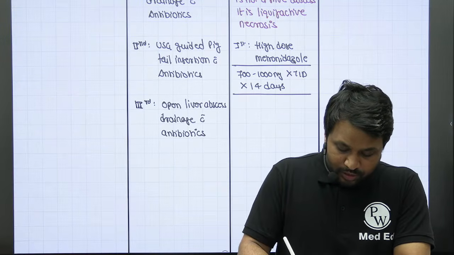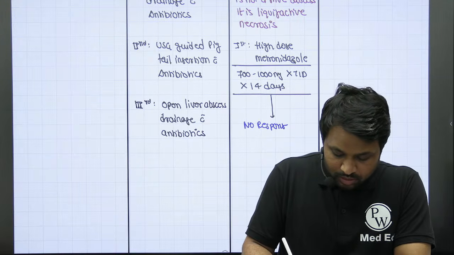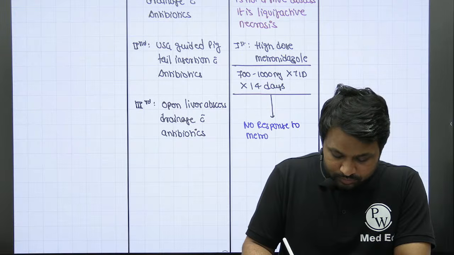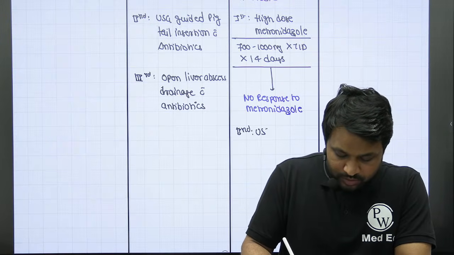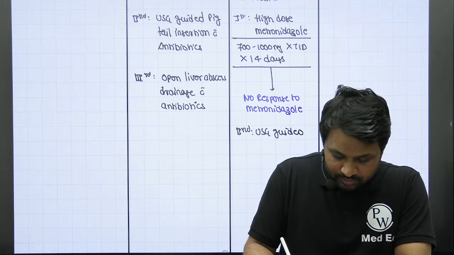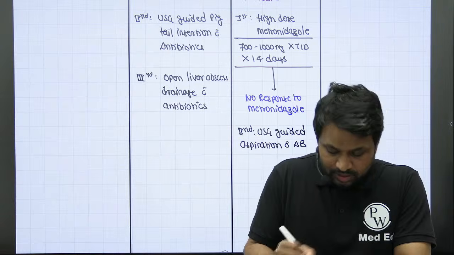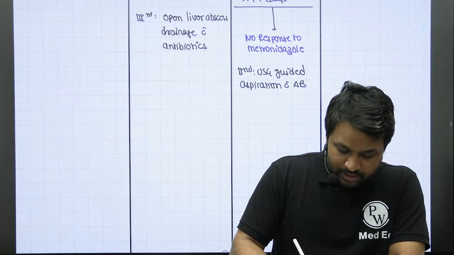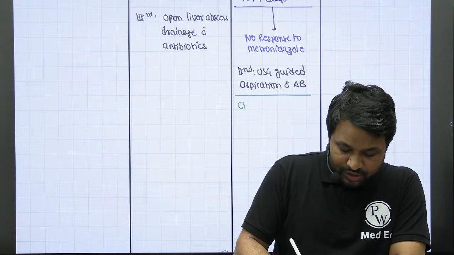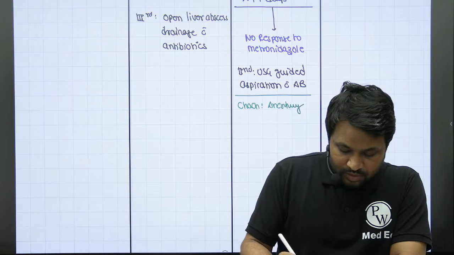If there is no response to metronidazole, then you have to go with USG guided aspiration with antibiotics. When you have a USG guided aspiration, one of the most characteristic features that you will see is the presence of an anchovy sauce appearance.